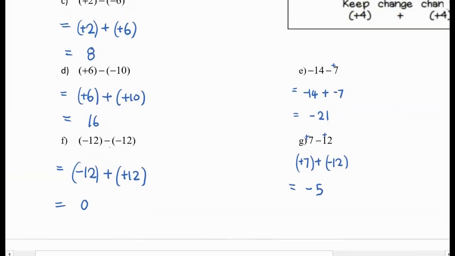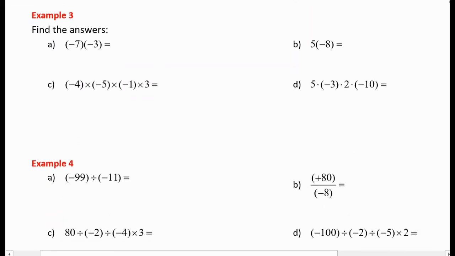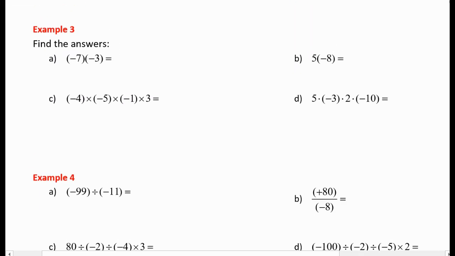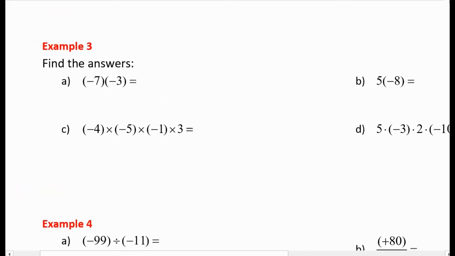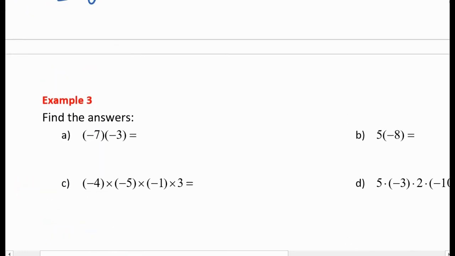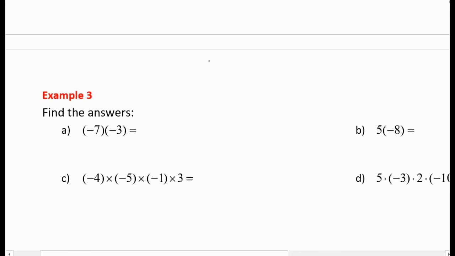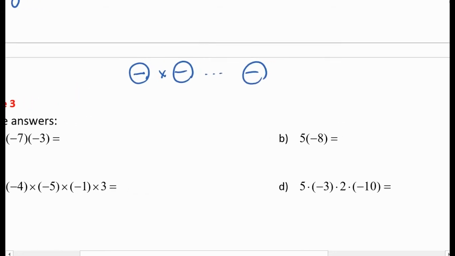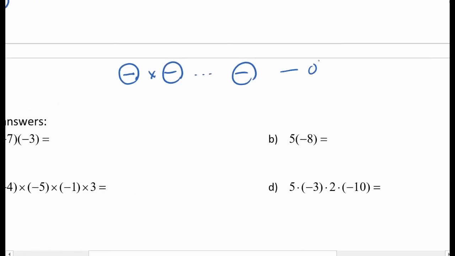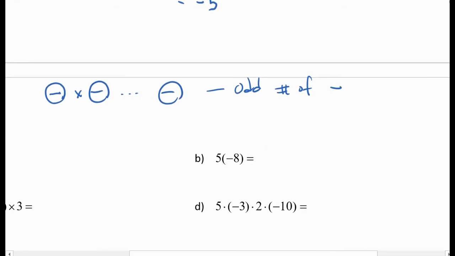Alright, let's move on. So we have multiplication and division. Multiplication and division have the same rules. We learned that when you multiply negative signs, when it's an odd number of negatives, then you get negative.